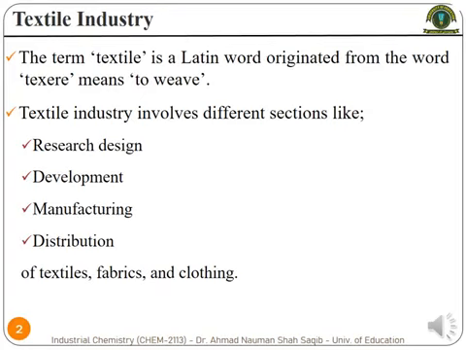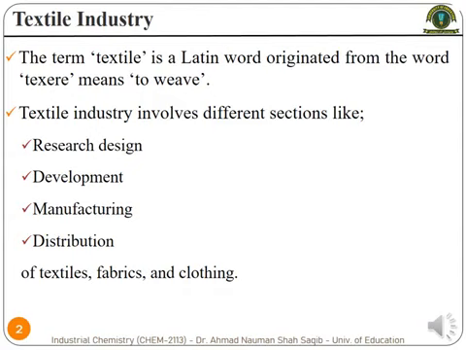First we have to design, and then we go towards the developmental process to develop some raw materials and the mechanical part which are required for the manufacturing of those materials. And after the development of the required tools, then we go towards the manufacturing process of those textile products.